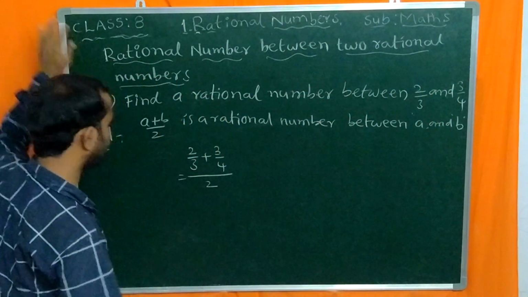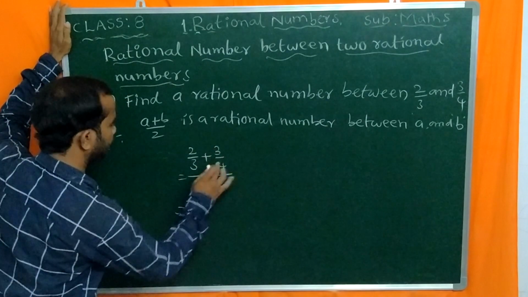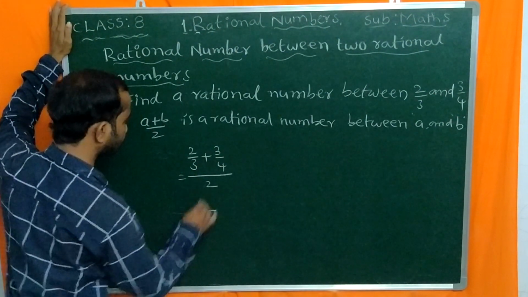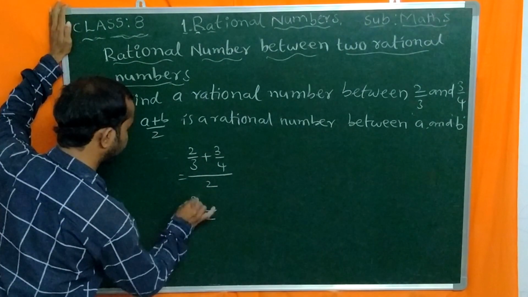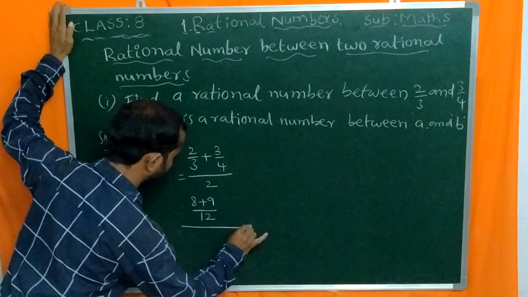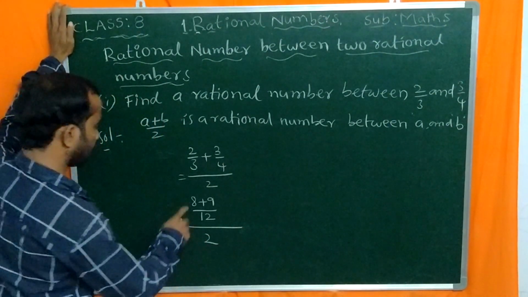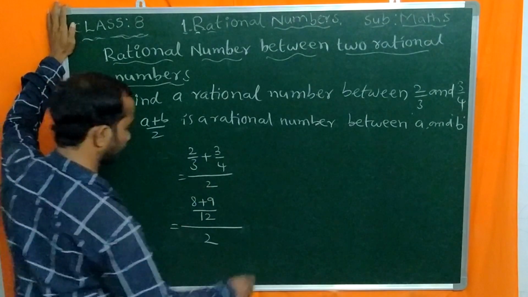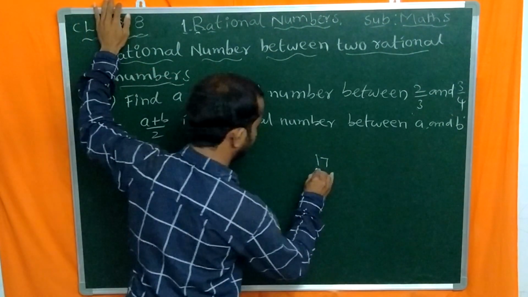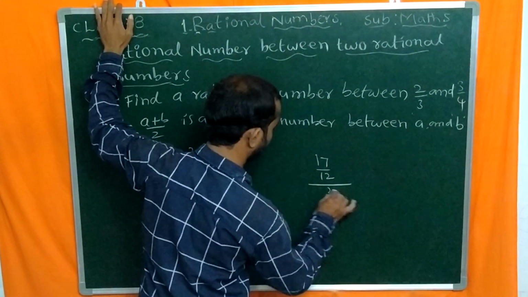Okay, so here for 2/3 and 3/4 the LCM is 12. Next, 4 2s are 8, 3 3s are 9, all divided by 2. So 8 plus 9 is 17/12, all divided by 2.